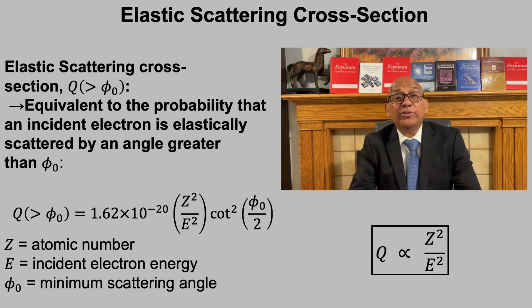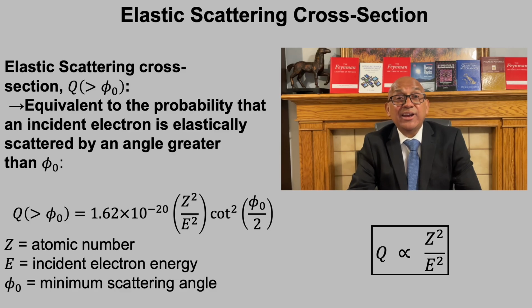The scattering cross-section, denoted as Q, is equivalent to the probability that an incident electron is elastically scattered by an angle greater than some minimum angle phi 0. This expression here shows how elastic scattering depends on atomic number, electron energy, and scattering angle. For SEM imaging, the most important result is the scaling behavior.